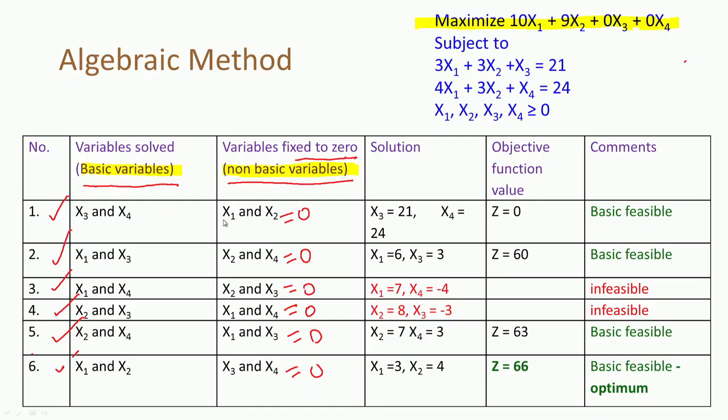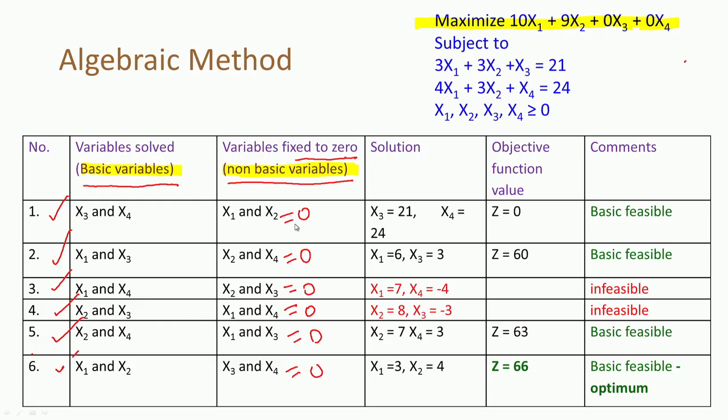Now, this solution is basic because we have fixed x1 x2, 2 out of the 4 variables to 0, and more importantly we are solving for 2 variables x3 and x4. So, we are solving for x3 and x4, those variables are called basic variables. Non-basic variables are fixed at 0. We get a solution x3 equal to 21, x4 equal to 24, x1 equal to 0, x2 equal to 0.